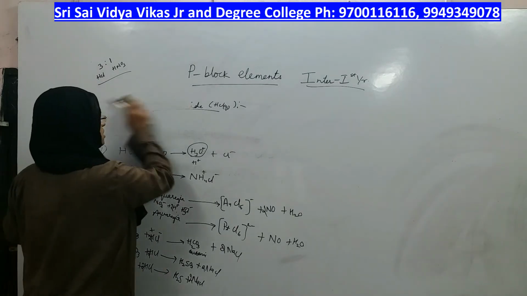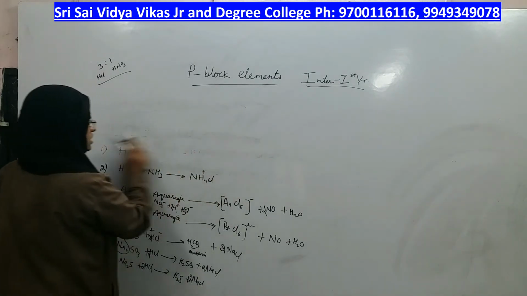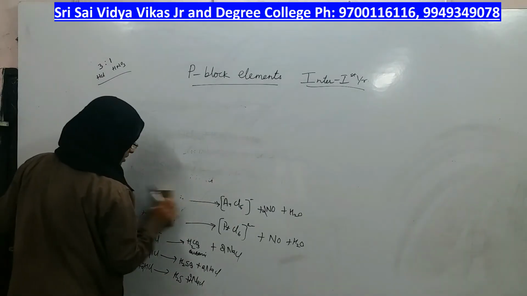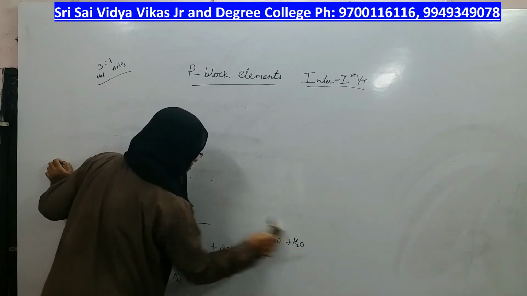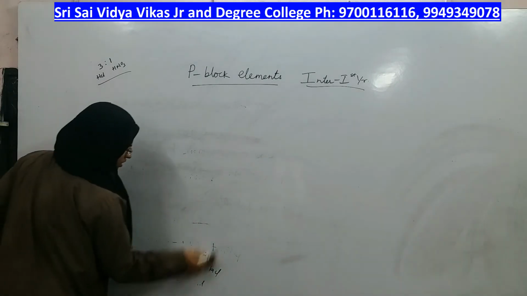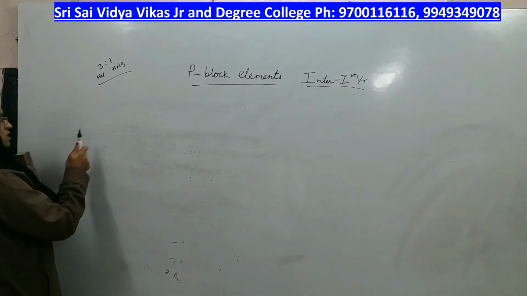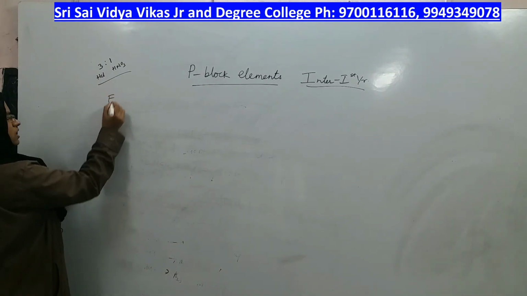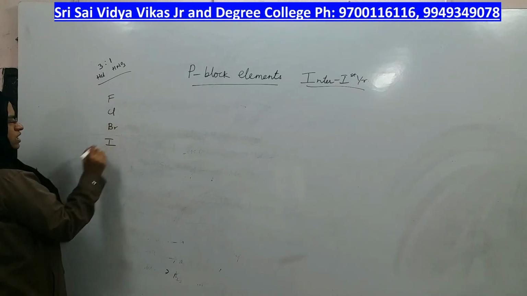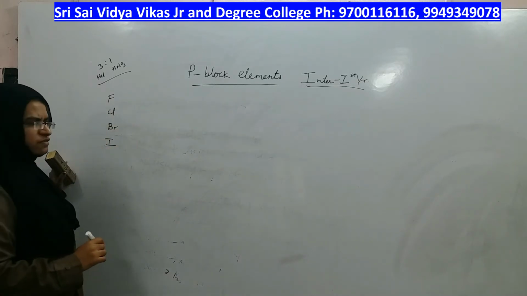Interhalogen compounds we have already discussed, though not in that detail. Now let us look at them in detail. What does interhalogen compound mean? What are the halogens we have? Fluorine, chlorine, bromine and iodine. These are the 4 halogens we have.